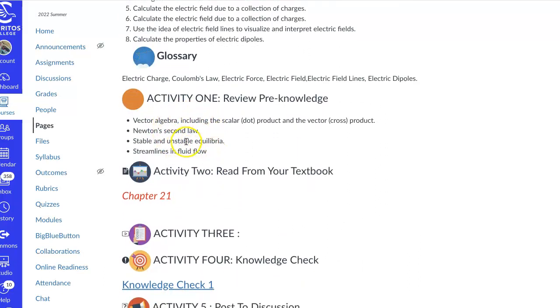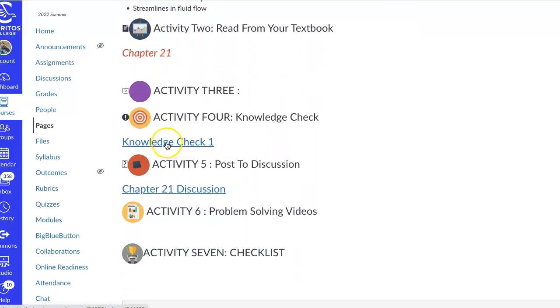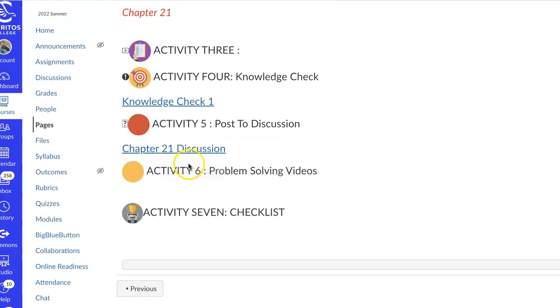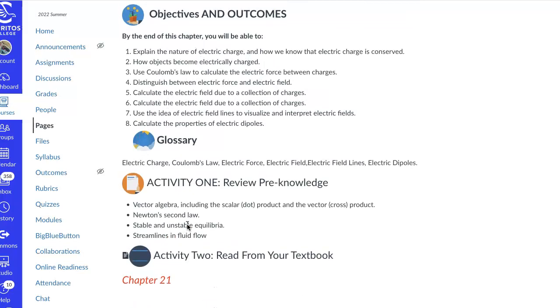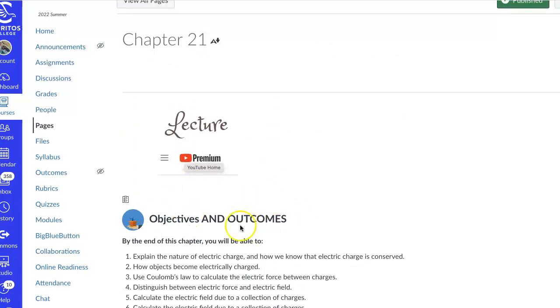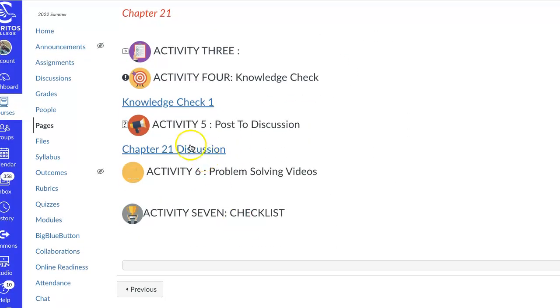Here are some of the pre-knowledge that we need for this. This is the knowledge check number 1. This is a discussion if you want to post anything, and these I might add something or not, it depends. This is mainly going to be the structure of the course.